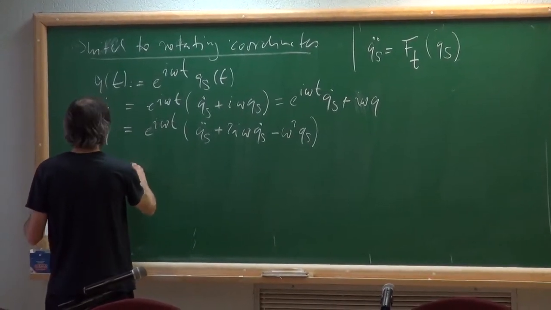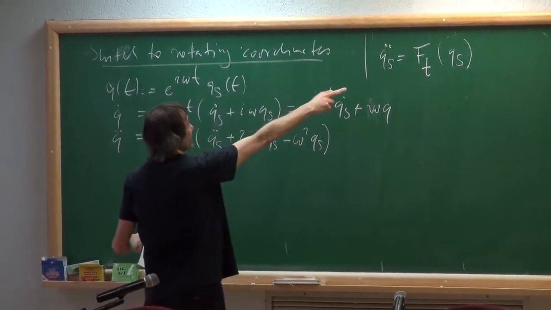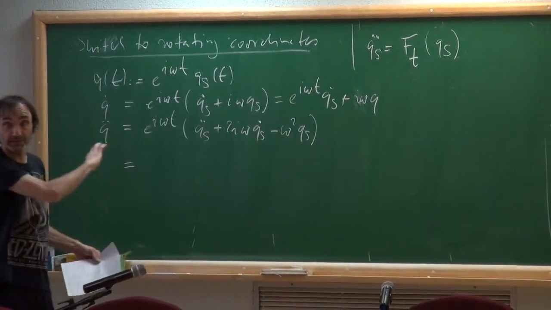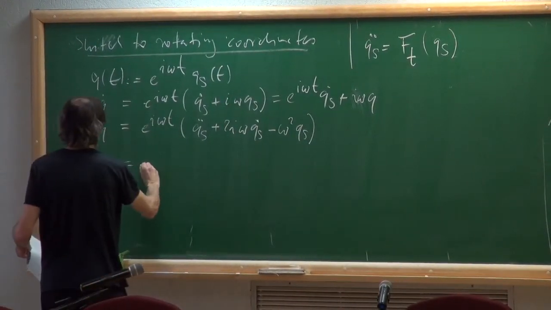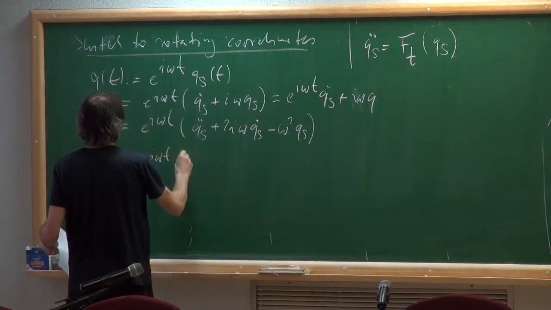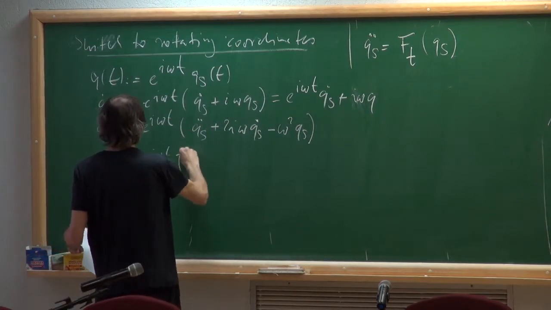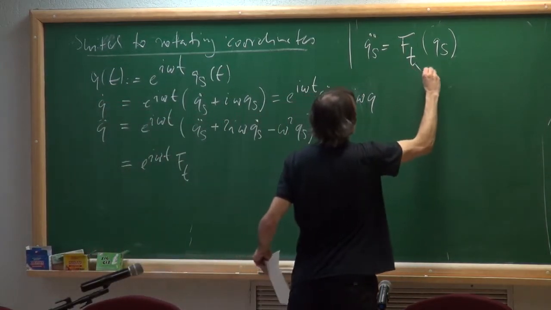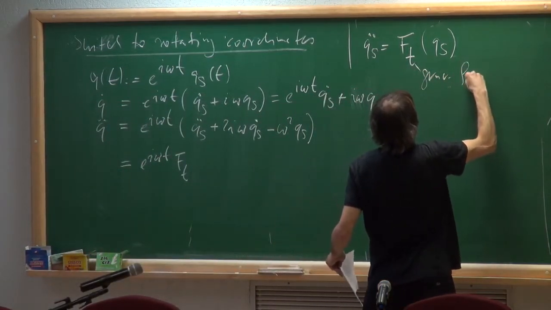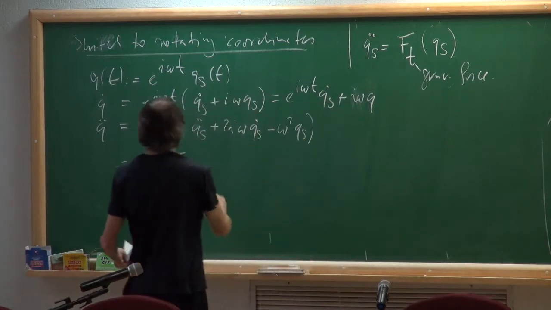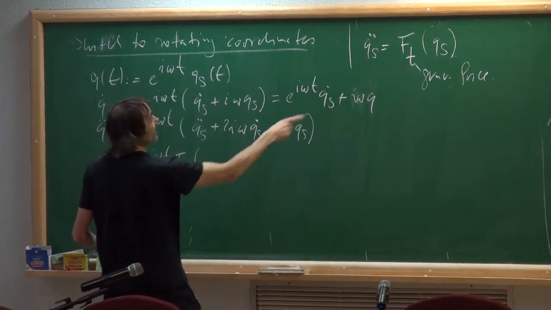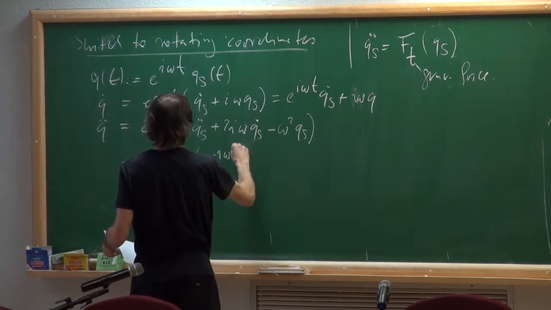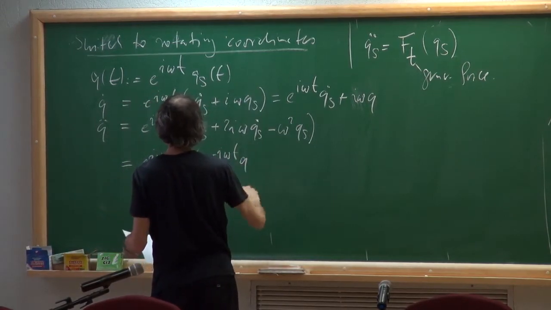So what we see here is this force being transformed by the rotation. We see e to the i omega t times the gravitational force at time t, applied to qs, and I can write qs as e to the minus i omega t q again.